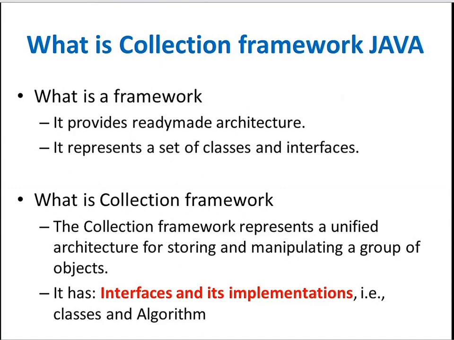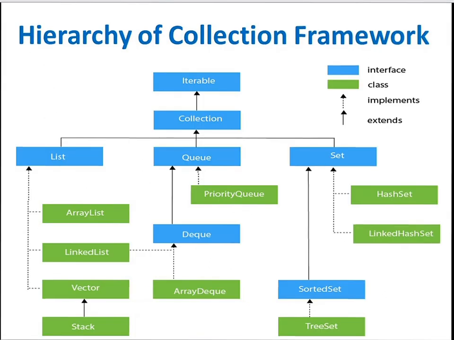The collection framework represents a unified architecture for storing and manipulating a group of objects or a group of the same type of objects. Actually, the collection framework contains interfaces and its implementations, that is classes, and algorithms.